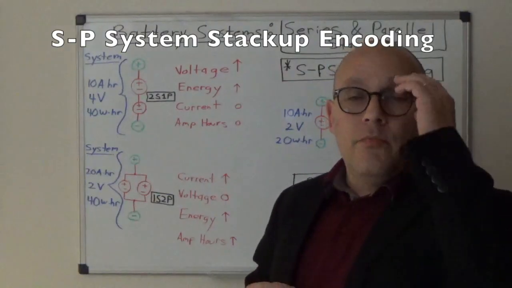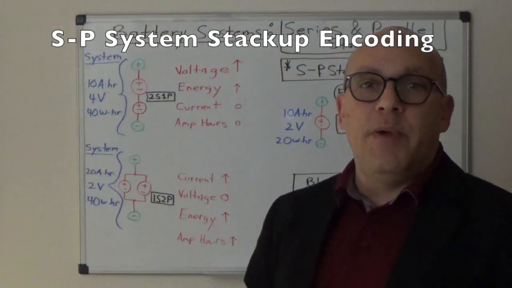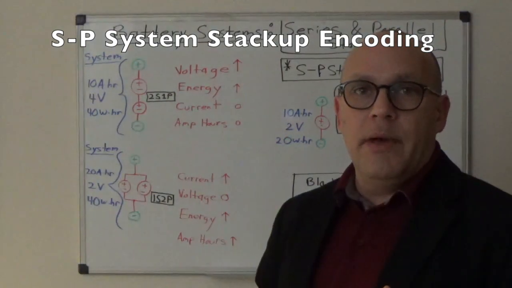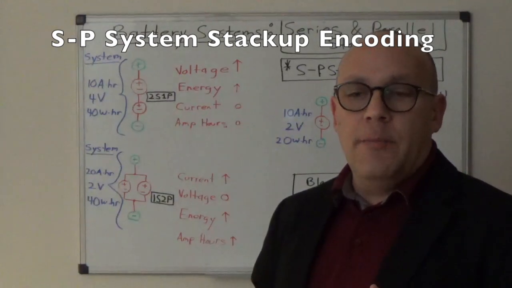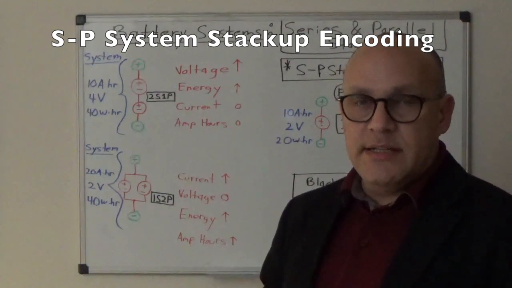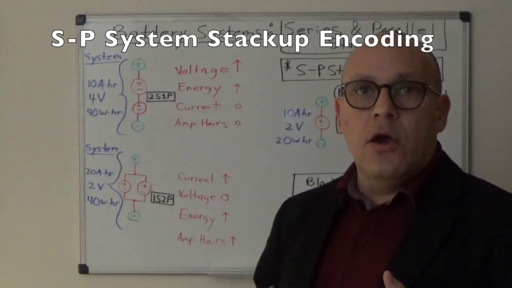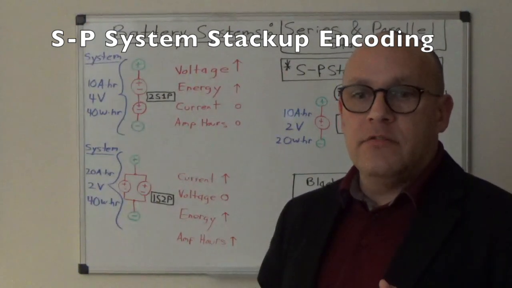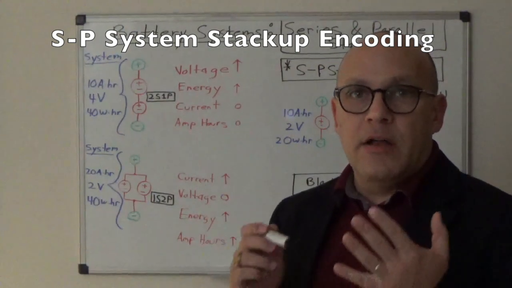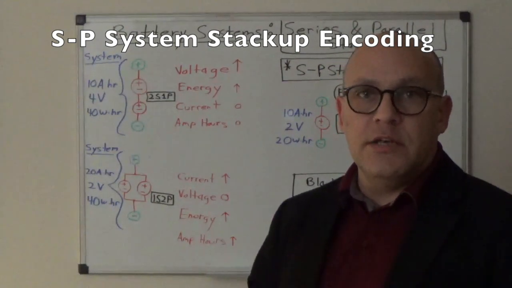One note on series-parallel stack ups that you must know if you get involved in lithium ion batteries or more complicated systems than single series or parallel setups is the S and P encoding of the system. How do you talk about a battery system with a certain amount of series cells and a certain amount of parallel cells?